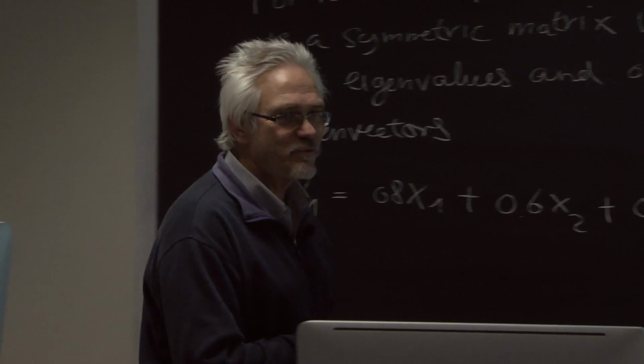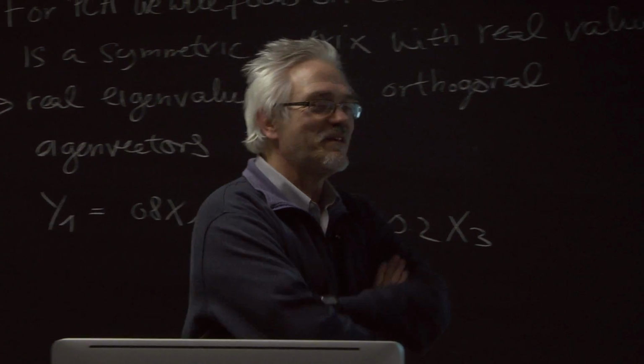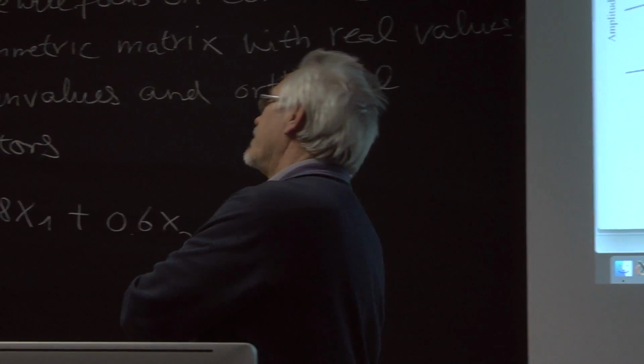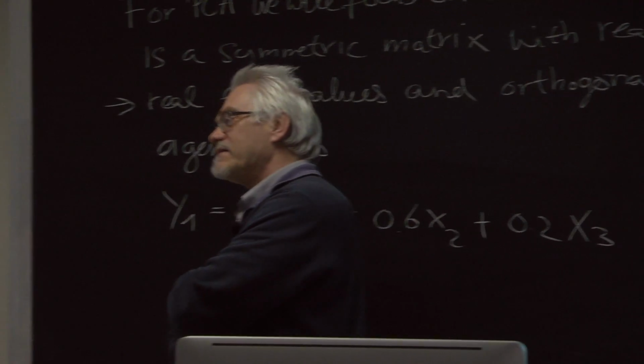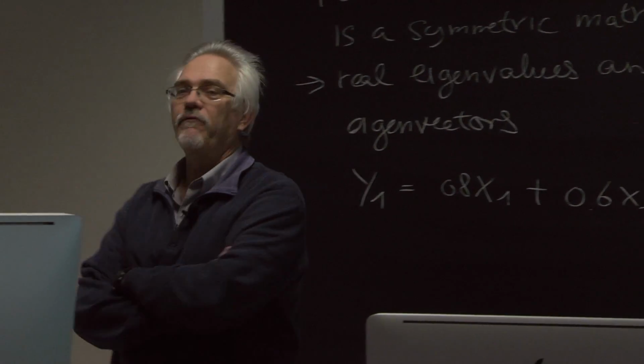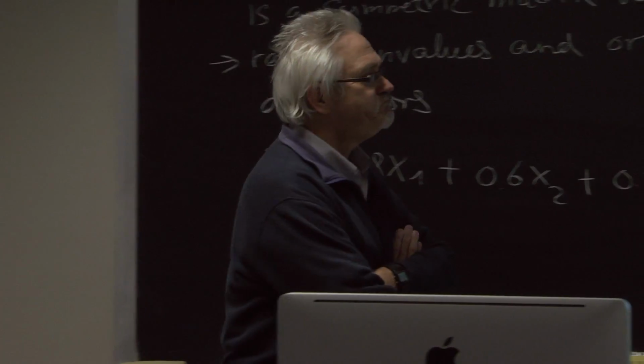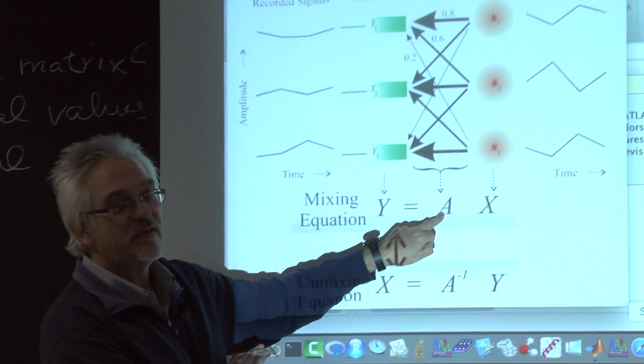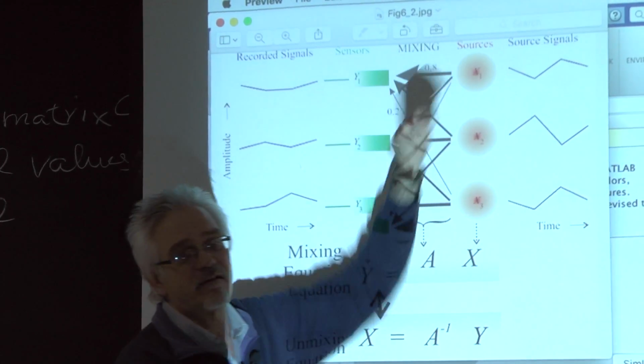Now the bad news is, because you think, well, that's easy, so we can go home now. The bad thing is that it's not always that easy, because very often you don't know where your sources are. So you don't know what A is. You don't know how many sources there are.